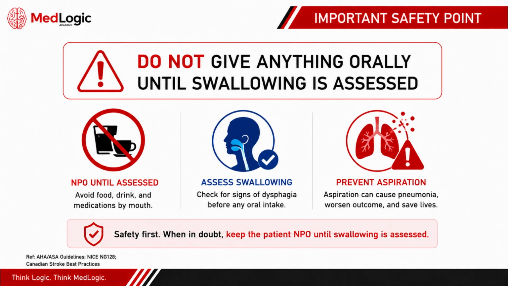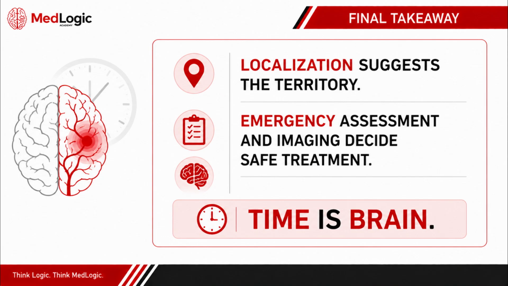Do not give anything orally until swallowing is assessed. Stroke patients can have dysphagia, and aspiration can worsen outcome. So the key message is this. Localization helps us suspect the vascular territory, but emergency assessment and imaging decide the safe treatment.